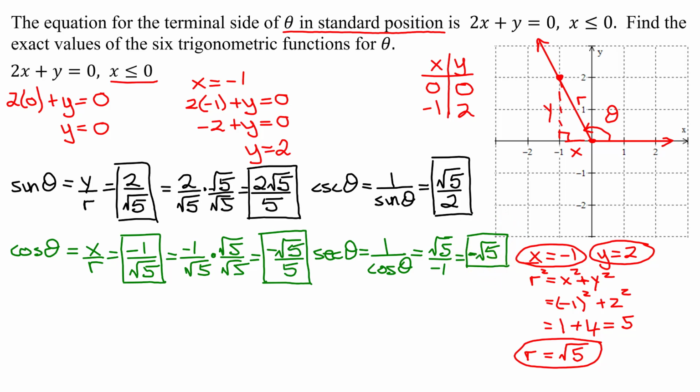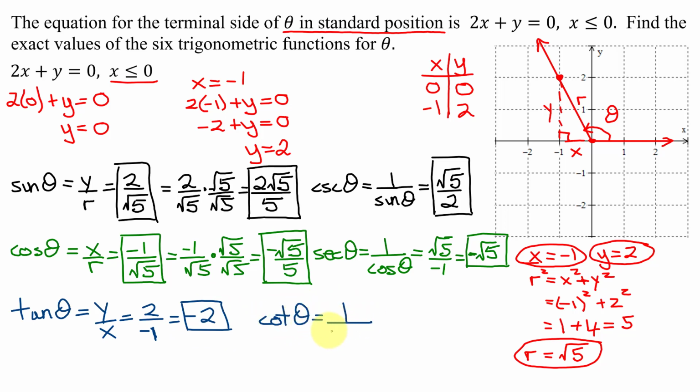And lastly, I need to find the tangent and its reciprocal. So the tangent function is just y over x. Y was 2, x was -1. 2 divided by -1 is just -2. The reciprocal of the tangent of theta is the cotangent of theta.